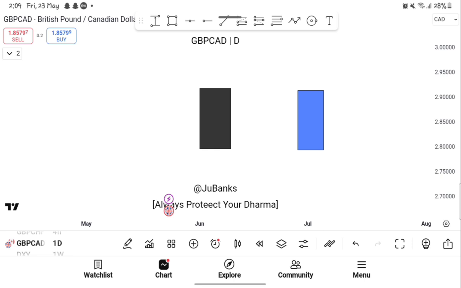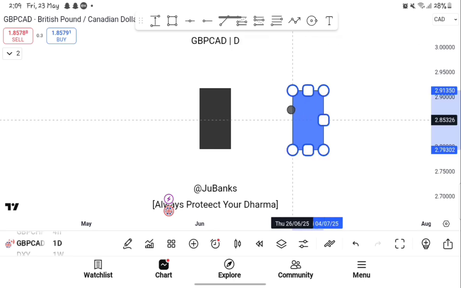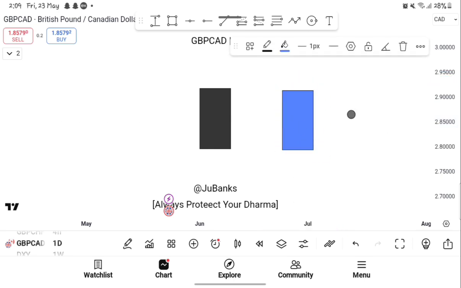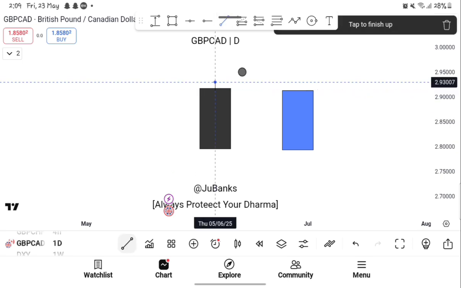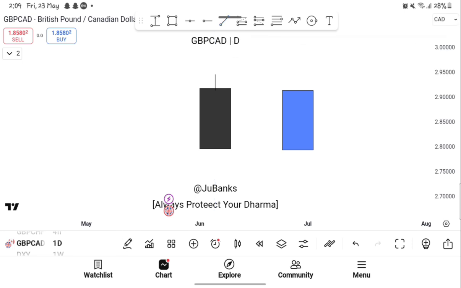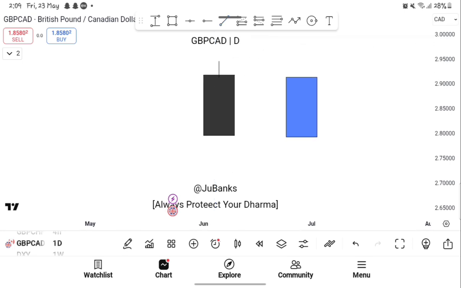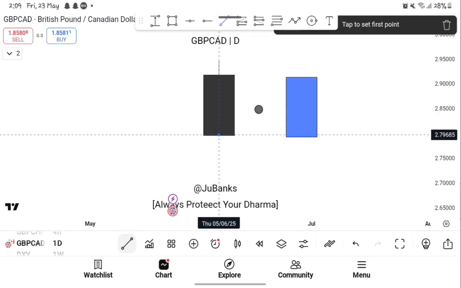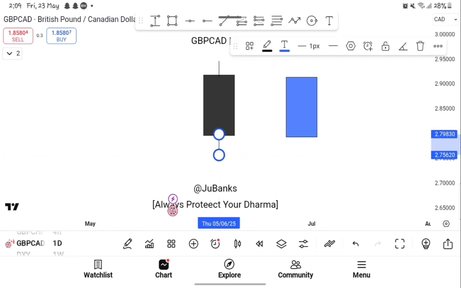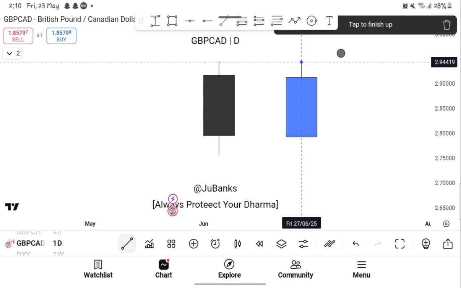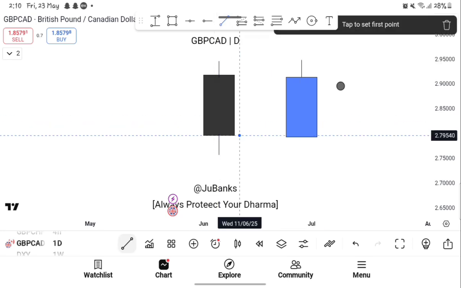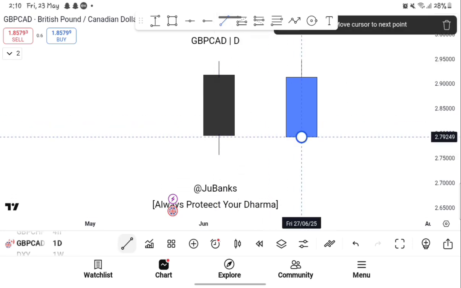Yeah. So you have these two candlesticks right here. Now, the first candlestick that we'll be talking about is this. So from here you have this wick. Then from here you have this. From here you have this, and then from here you have this.